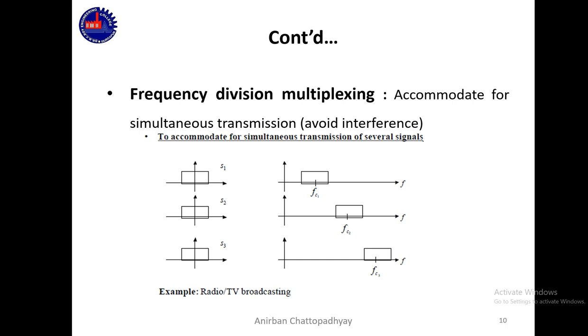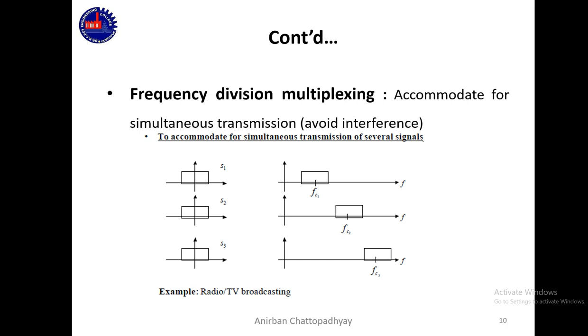So by the modulating process, we can transmit in some other frequency. Let us assume for the first case we take a carrier frequency of 1 megahertz, for the second case 2 megahertz, and for the third case 3 megahertz.